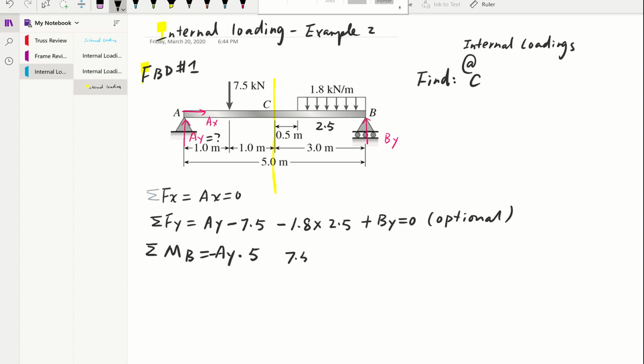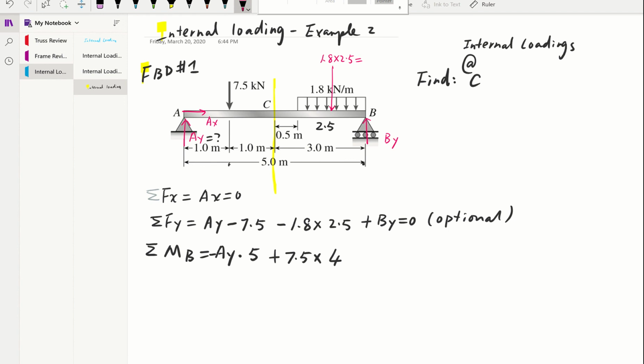Then we have 7.5 times the moment of arm from here to here, that will give us 4, and it's counter, so it's positive. Then we're going to find the equivalent of this distributed load, which is 1.8 times 2.5, right?